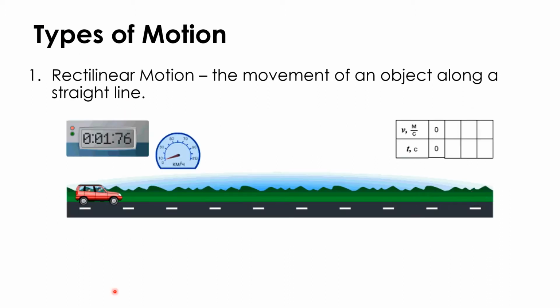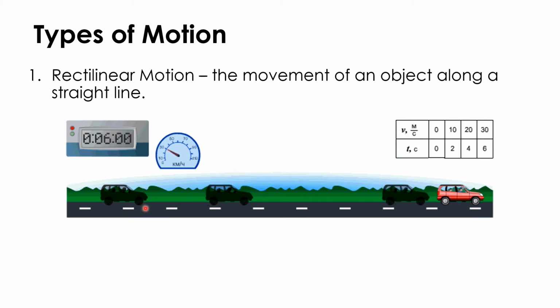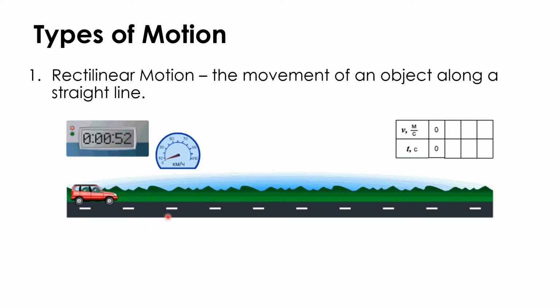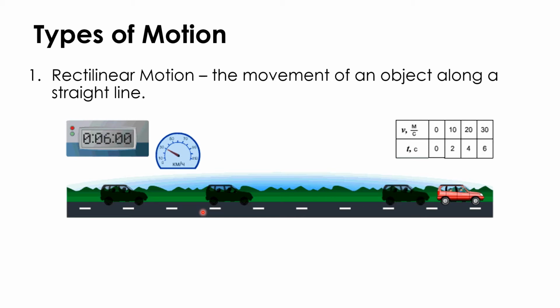Look at this picture. This is an example of rectilinear motion, the movement of an object along a straight line. So, if the object moves along a straight line, it is called rectilinear motion. Understand?